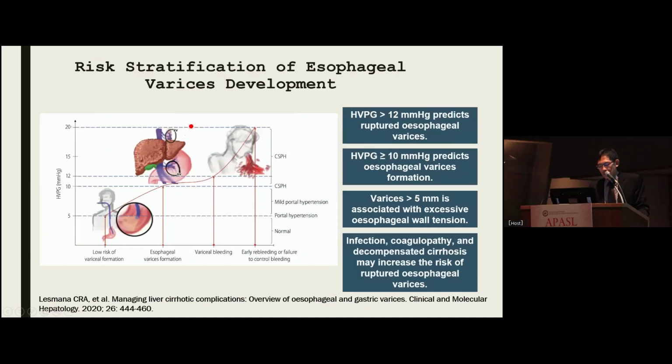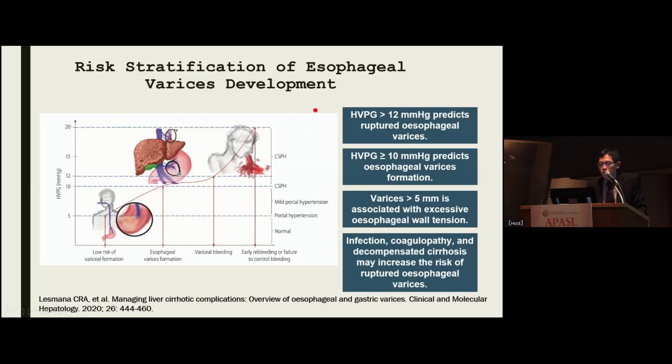So we also need an accurate portal pressure, because in risk stratification for esophageal varices development, based on the grading of the HVPG level, we can predict whether esophageal varices will be present, as well as whether they can rupture or not.